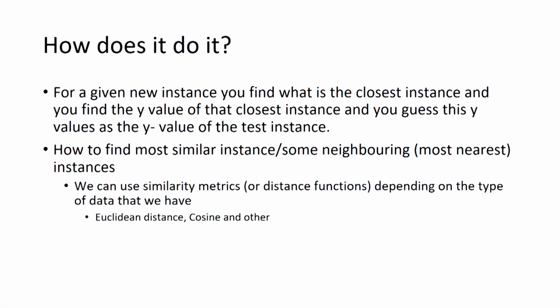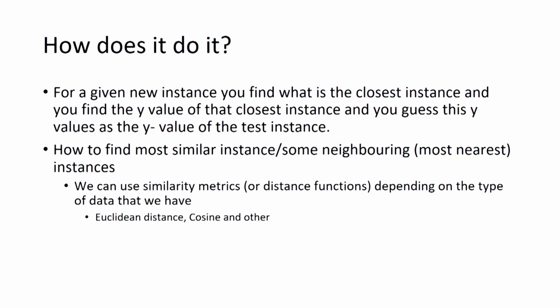So, how does this algorithm work? For any given new instance for which we need to find the response variable value, we will find from the data set the closest instance to this new instance, and we can say the response variable value of the new instance is the same as the response variable value of the closest instance.